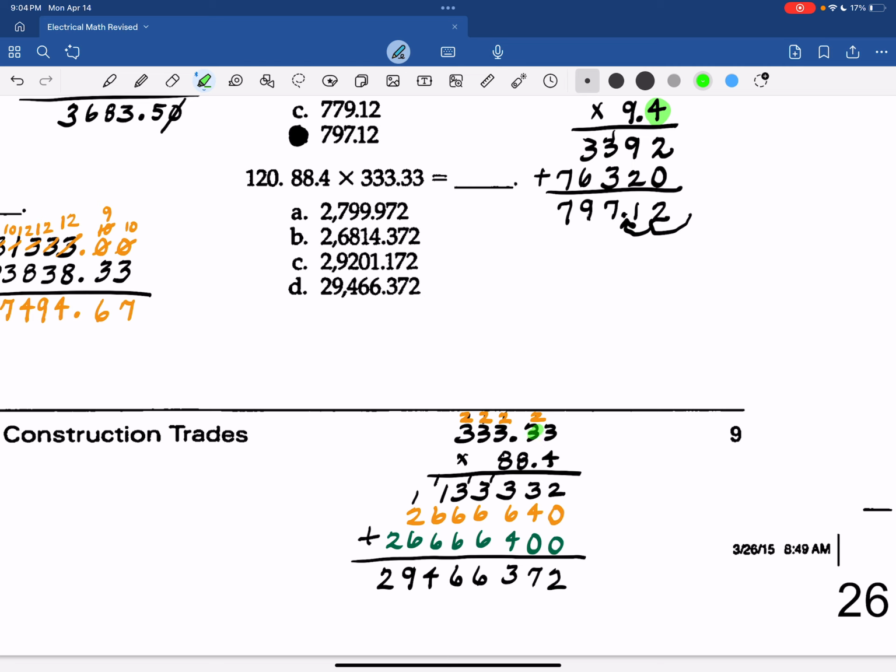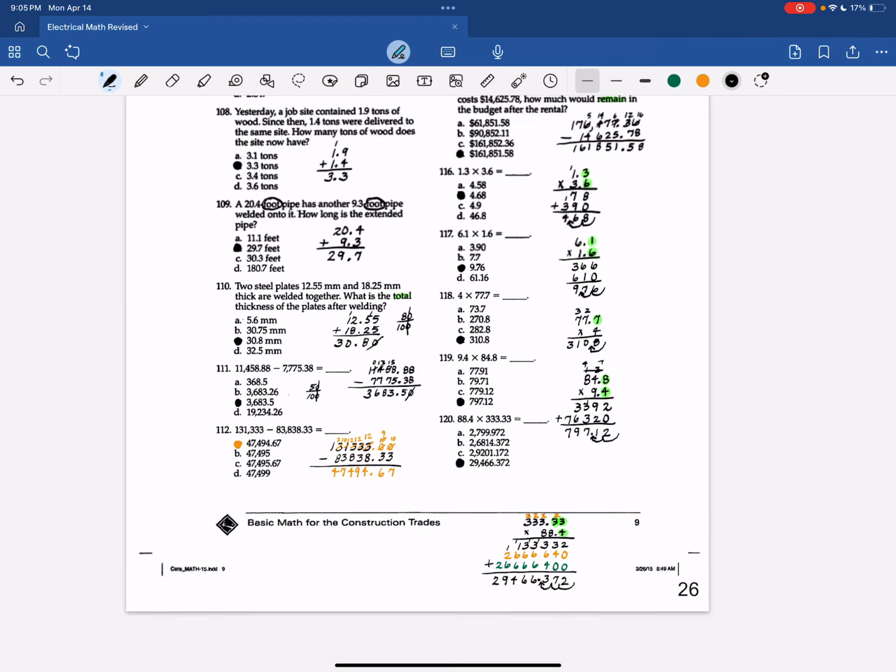Count your places and do your scoops. And before I even look at their answers, I'm going to do my calculator. I just want to know it's right. Always go back to your original problem to put it in the calculator in case you've written something down wrong. And lo and behold, that's right. So now to match it up, I think I like D for this one. Goodness, what a mess.